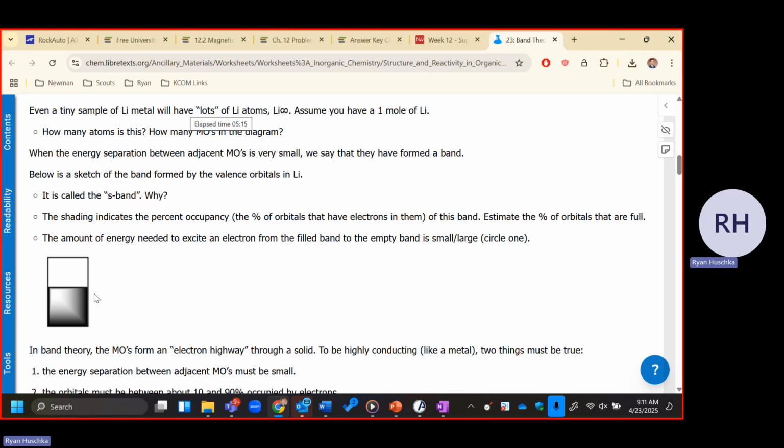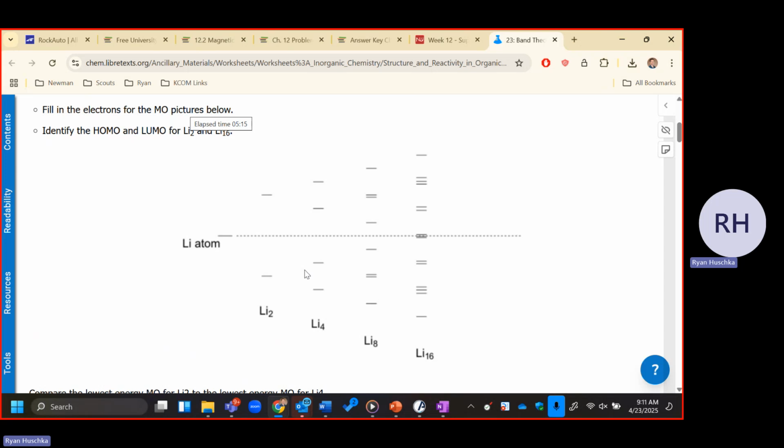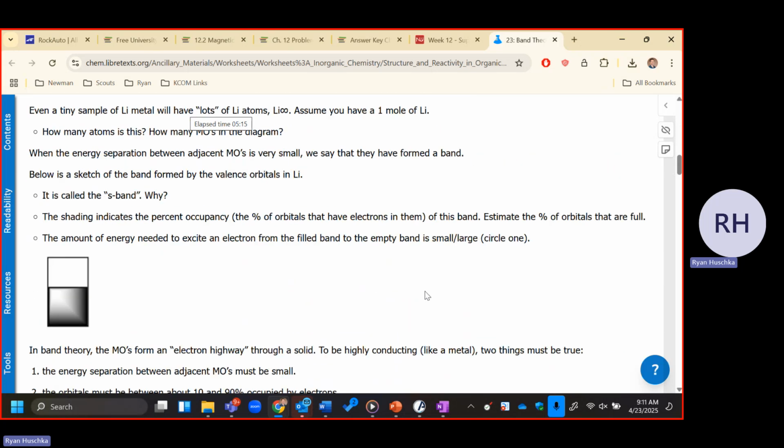So if you're looking at basically why we say about 50%, right? So if you went back up to this graph right here, whenever you're filling in either one lithium atom or really lithium 2, lithium 4, lithium 8, your bottom half are all filled, right? So all of your bonding orbitals, everything below that dashed line, would be a bonding orbital. So you have basically half of your shells filled, right?